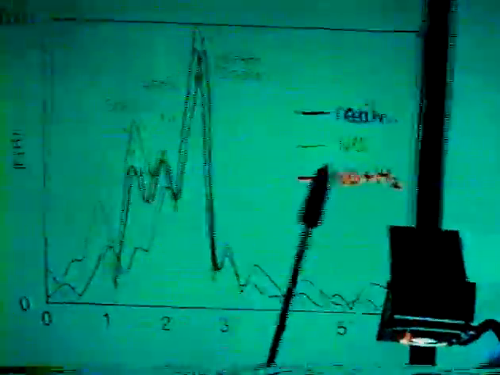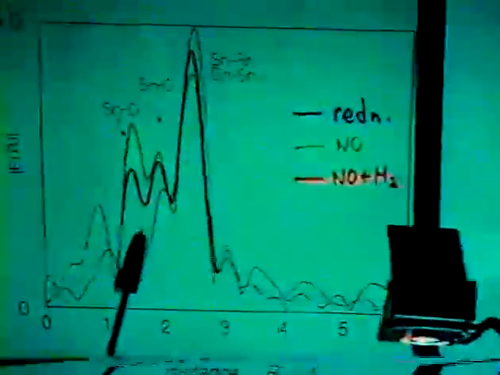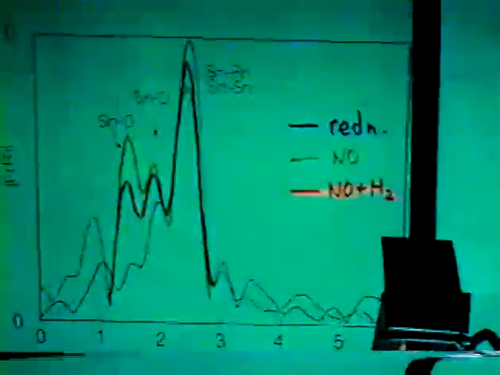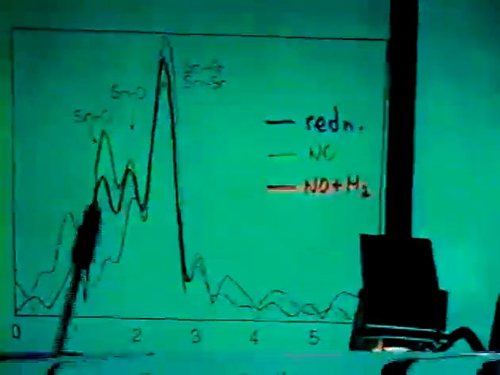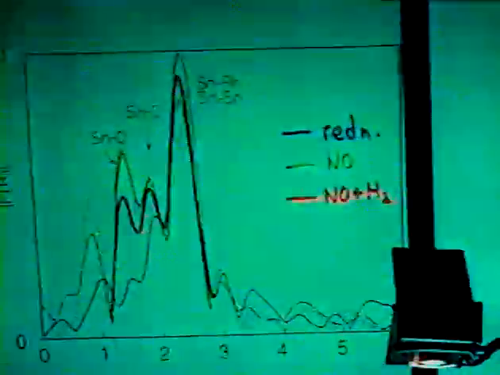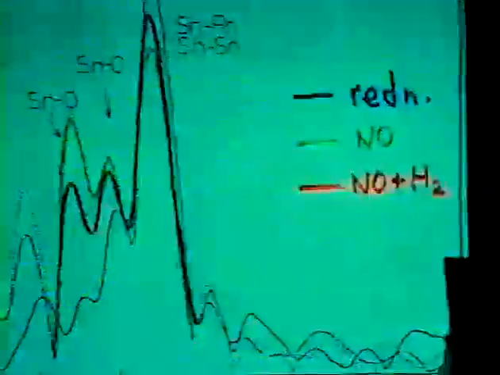The black line is the spectrum for the reduced rhodium-tin bimetallic catalyst, and the blue one is the spectrum after NO adsorption, NO alone. The red curve here is the spectrum under reaction conditions, NO and hydrogen at 373 Kelvin. NO adsorption also at 373 K.